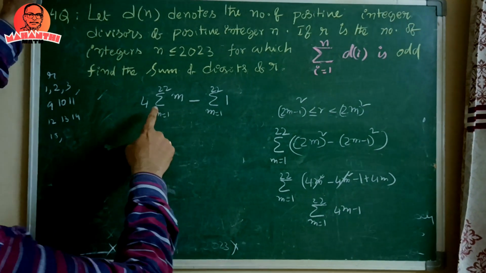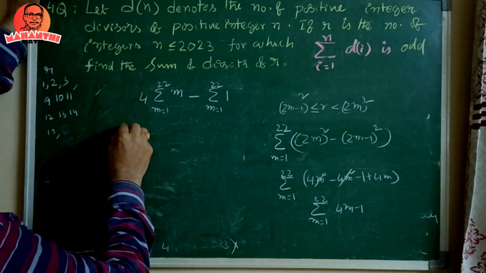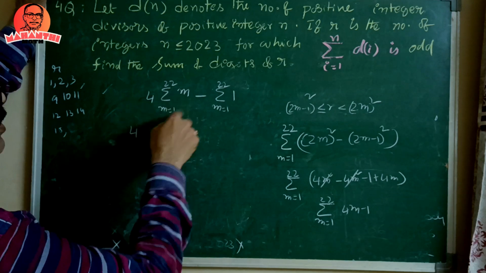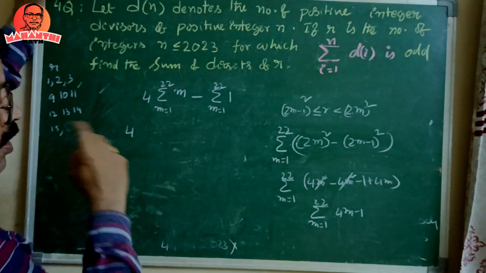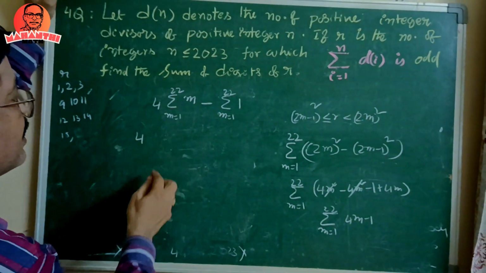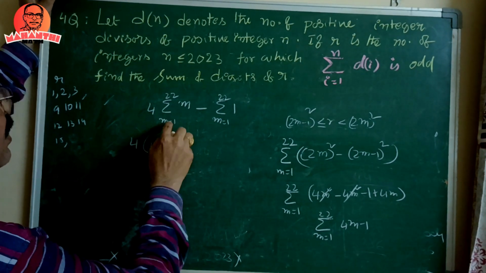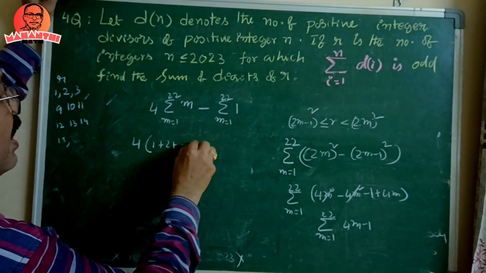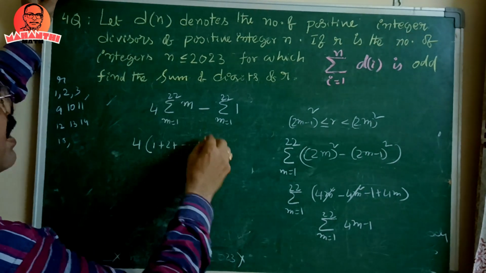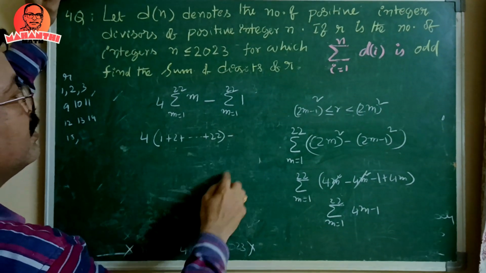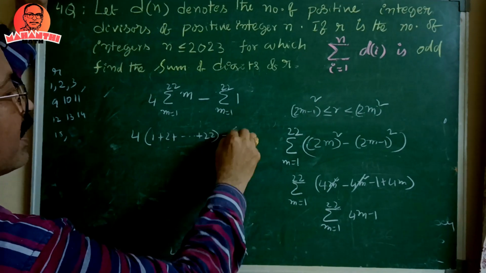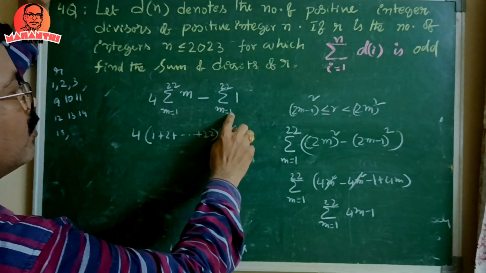Now we see, direct formula you can write, otherwise you write like this. Why? Because some students of class 10, class 11, they don't know this formula. That's why I am using this one: m equal to 1 plus m equal to 2 plus and so on.